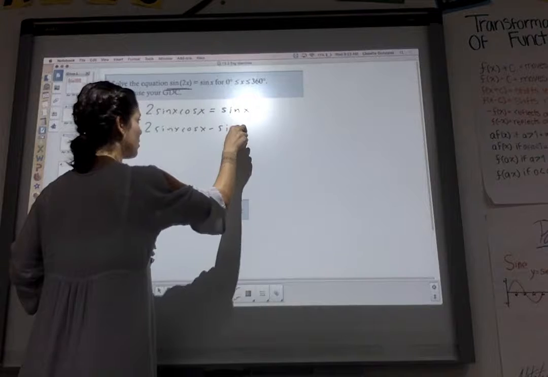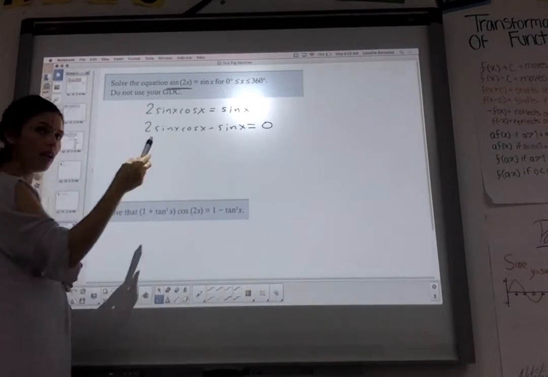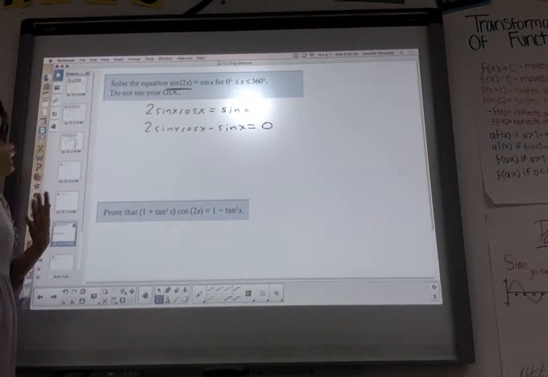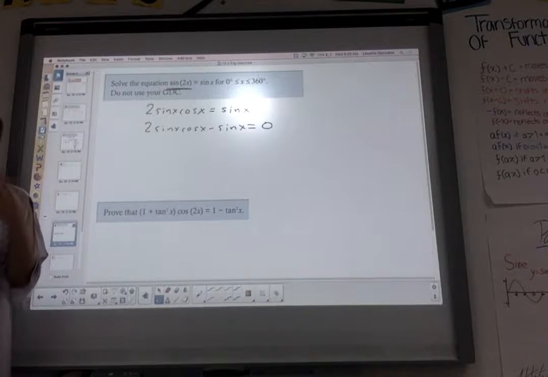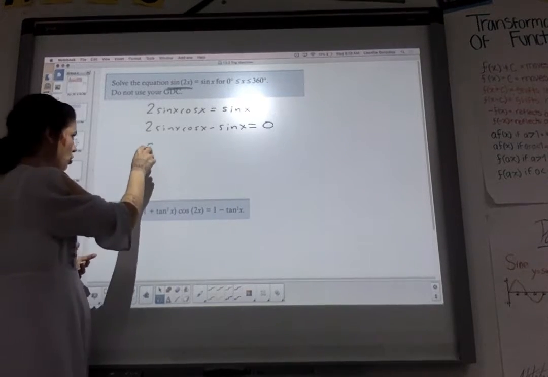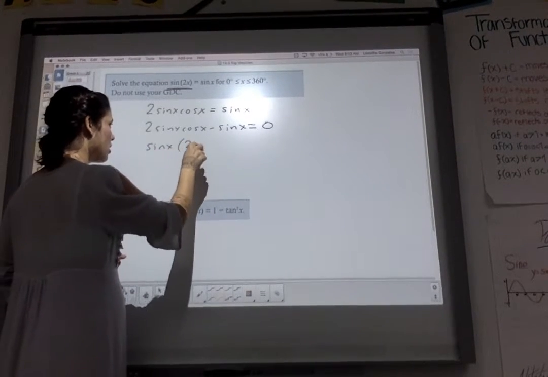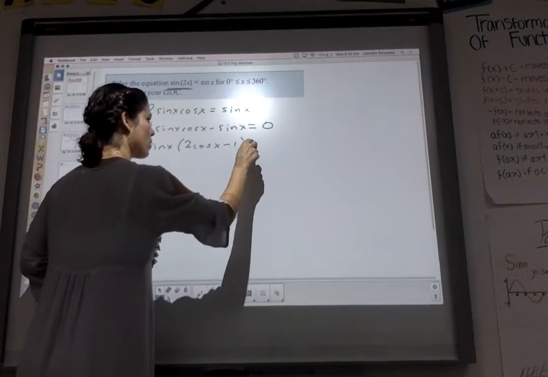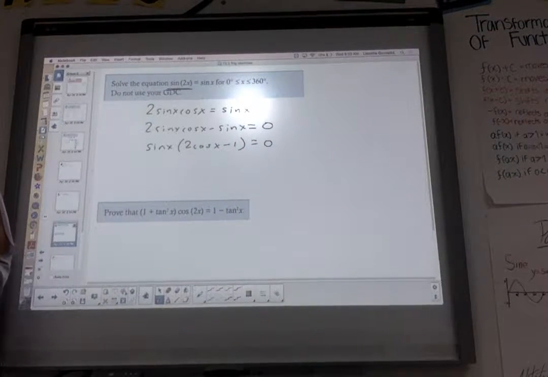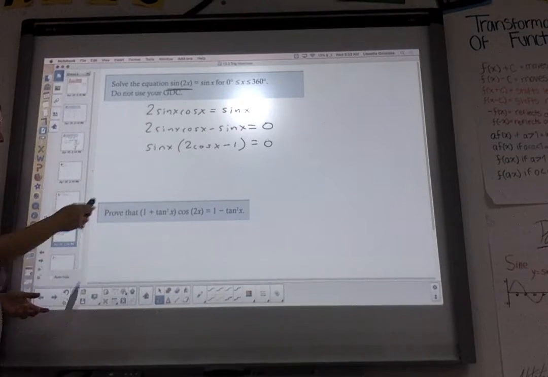Then factor, because it's multiplying. Then make each factor equal to 0.